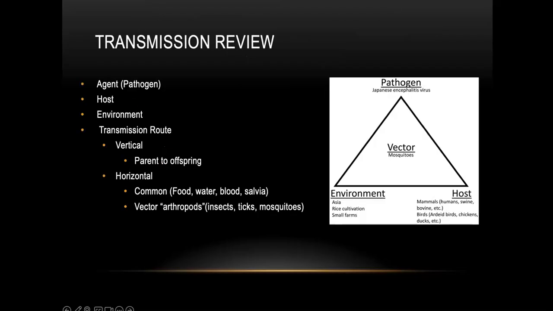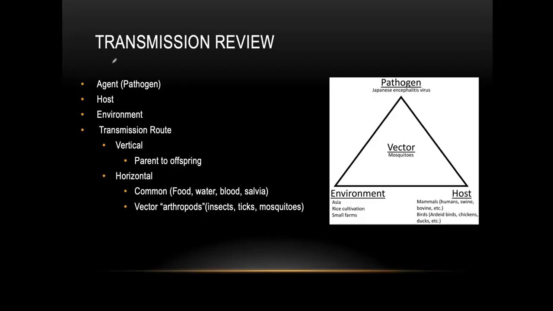So transmission depends on the completion of the triangle, where you see here you have the agent, the host, the environment. Excuse me, I have to cough myself. Excuse me. So I'm going to grab these little tools that I can use so hopefully point certain things out. Let me see here. I'll just use red since this is black.